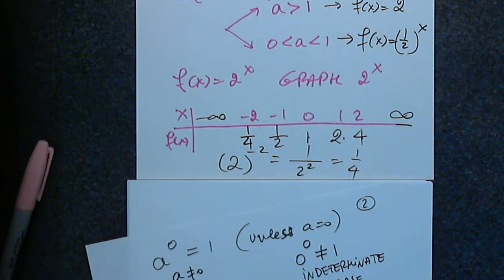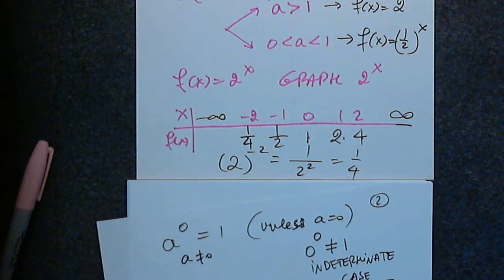Now, of course, we need the end behavior. We have never done this for any of the functions from before, but we will do it now. I'm going this way: 4, 2, 1, 1 over 2, 1 over 4, 1 over 8, 1 over 16, 1 over 32, 1 over 64, 1 over 128.